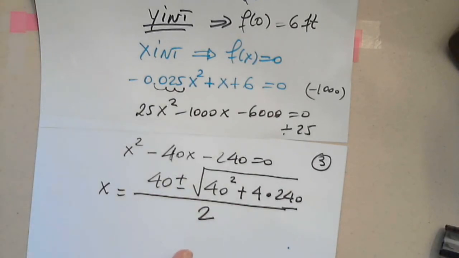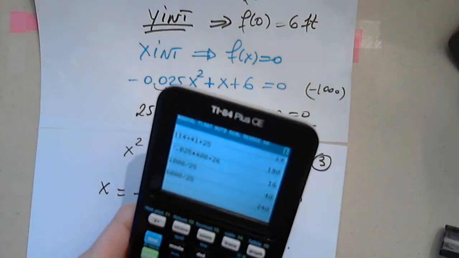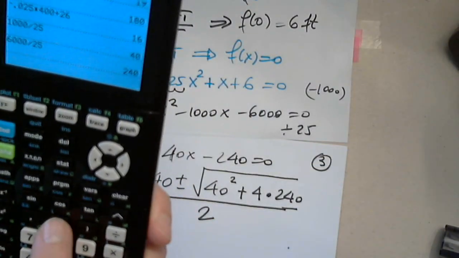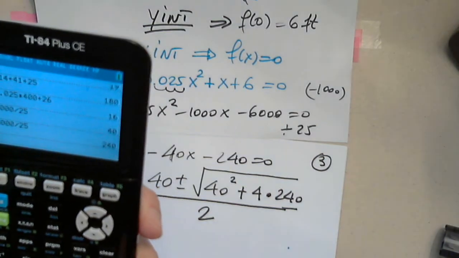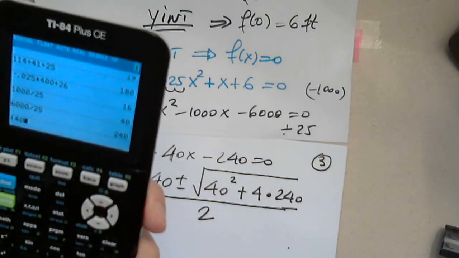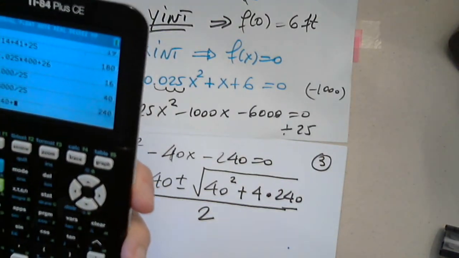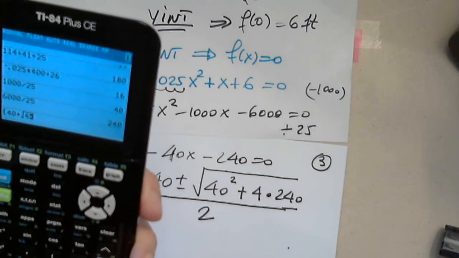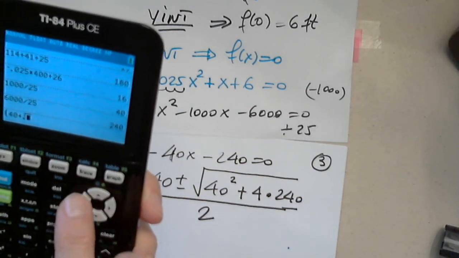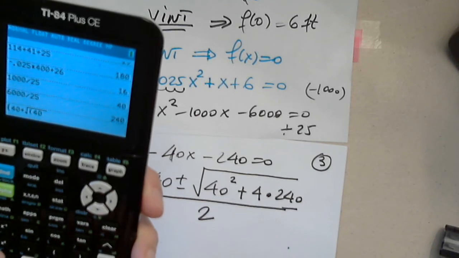So now remember, when we put in the graphing calculator, we need parentheses and parentheses. So parentheses around for the numerator, I put 40 plus the square root of, you know me with parentheses.